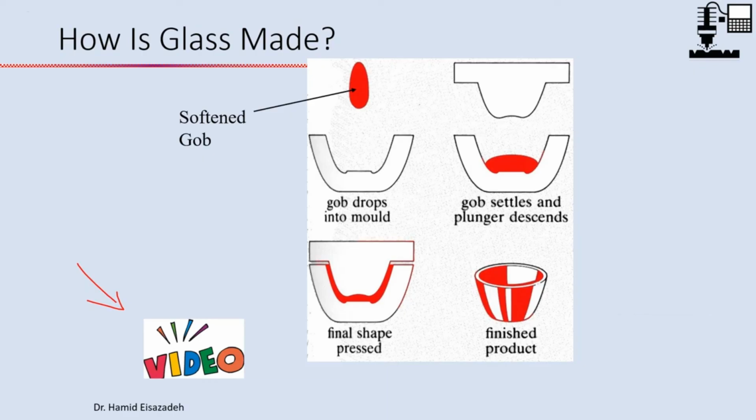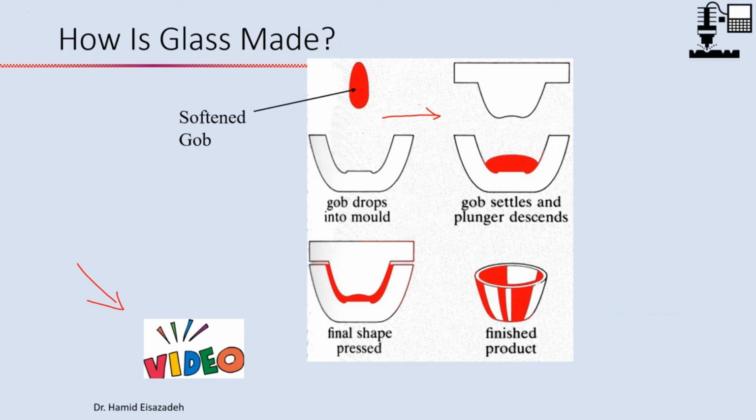But this is the schematic of the glass production. The composition is going to be made, and then it's going to be heated up to a certain temperature. It's called gob. We have a molten state of the matter.